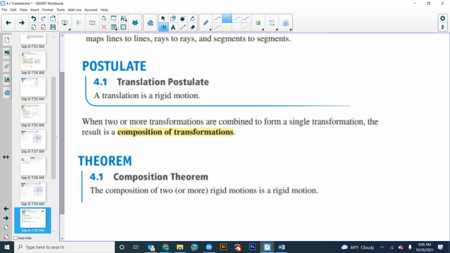Don't get confused by that. If a translation didn't change length or angles, and a reflection didn't change length or angles, the combination of the two is not going to change length or angles within that shape, within that quadrilateral or triangle or whatever it is. Is this making sense?